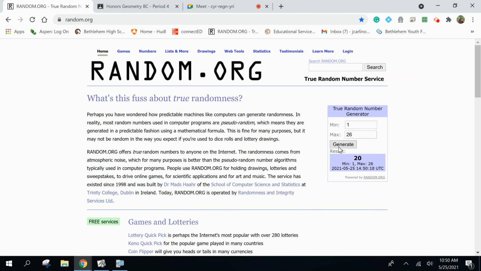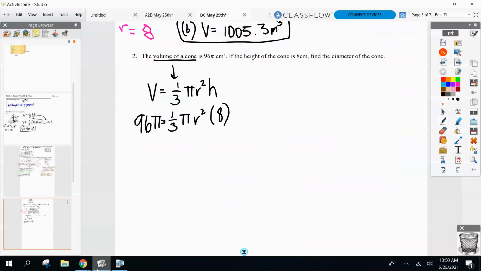How tough are we here? Radhika, what would you like to do first? Get rid of the pi by dividing it by pi. You got it. Pi's on both sides. See ya. Gone. 96 equals 1/3 r squared times the 8. Nice. All right, where are we off to next?